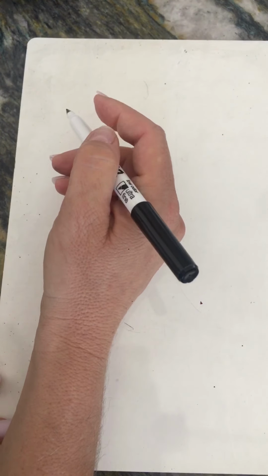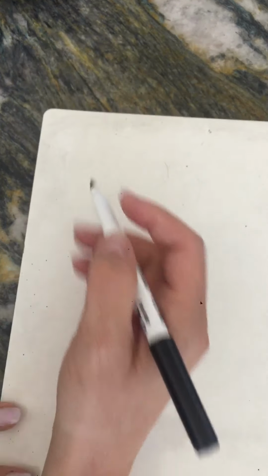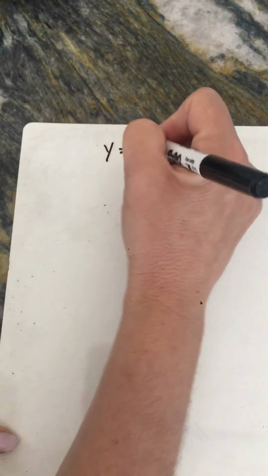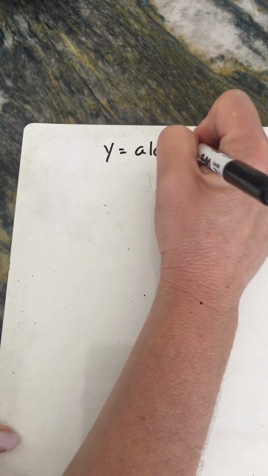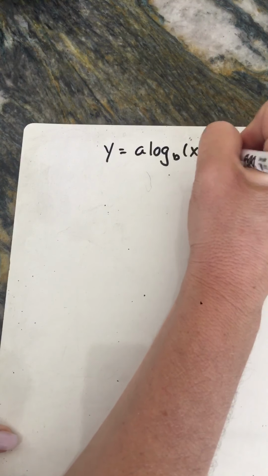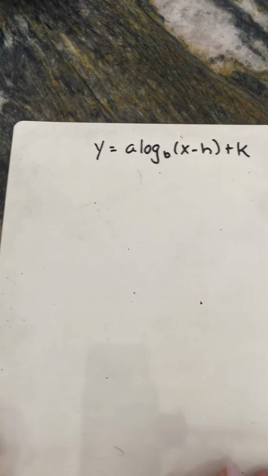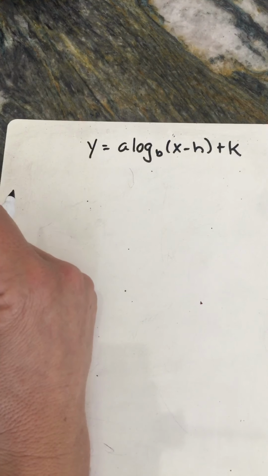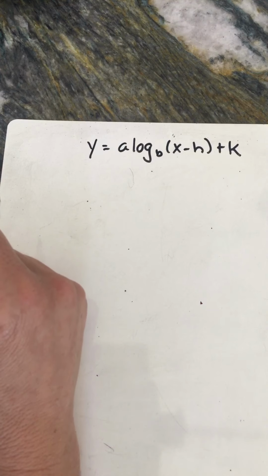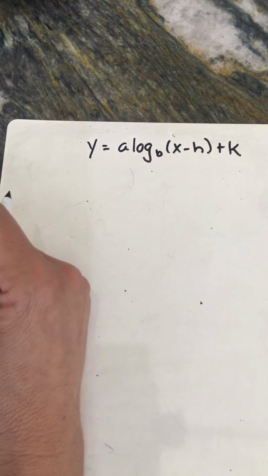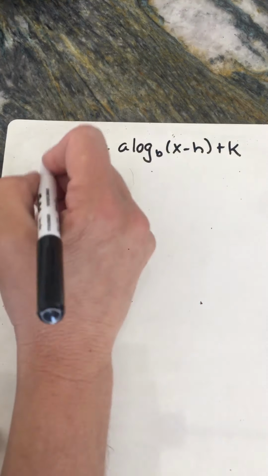Let's try another one. Let's do some transformations. So let's take a look at y equals a log base b of x minus h, plus k. So it's the same old thing we've been doing all along. Here we go. Let's do this one.